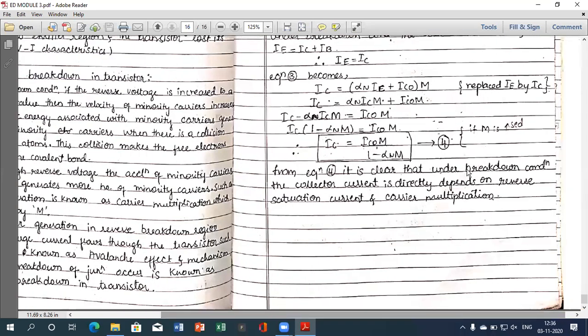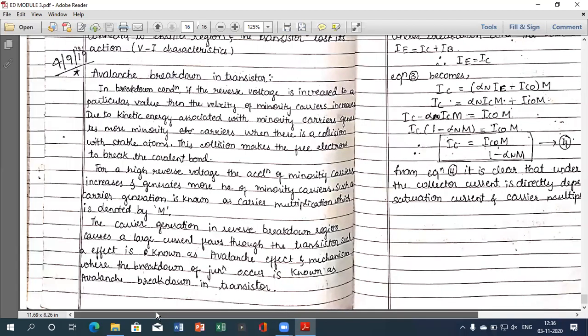This completes your module 3. I hope it is clear for everyone because it is a very simple concept. It is the same concept which I discussed in diode equations, where the diode also has Zener effect and avalanche effect. Avalanche breakdown occurs only when devices operate under reverse bias condition.